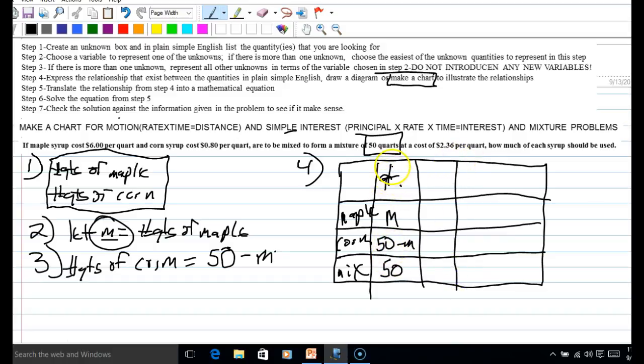So this column is the amount. In this column, I'll have the cost per quart, because all of this deals with the cost of the component parts versus the cost of the mixture. So maple syrup costs me $6 per quart.